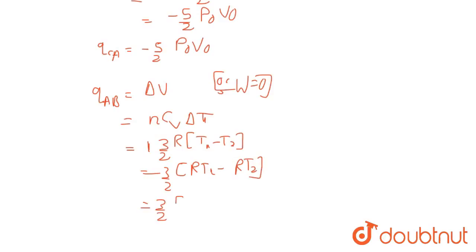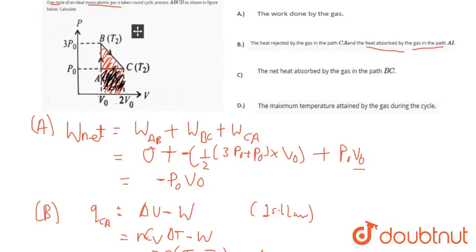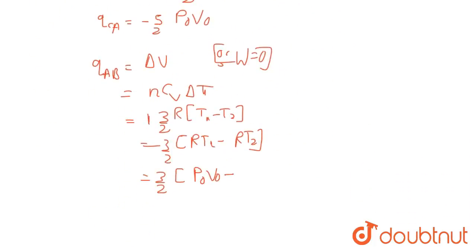So RT1 can be written as P0 V0, with moles being 1, and RT2 can be written as, at temperature T2 the pressure is 3 P0 and volume is V0. So RT2 can be written as 3 P0 V0.